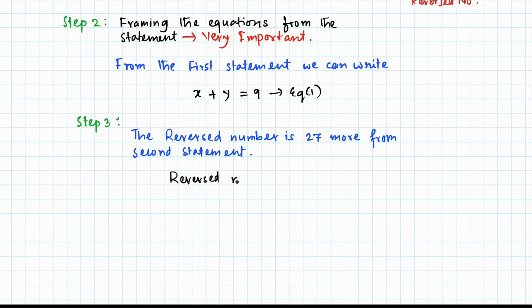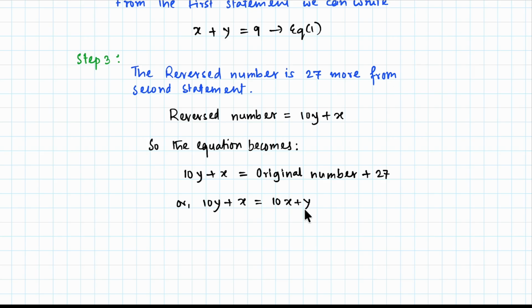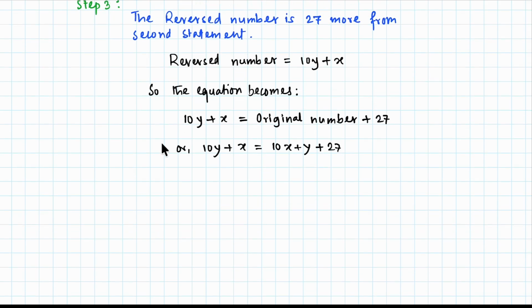So that means the reverse number is equal to the original number plus 27. This is the reverse number, 10y plus x. So the equation becomes 10y plus x is the reverse number, original number plus 27. So this is what is given in the second statement. Therefore 10y plus x is my reverse, 10x plus y is the original, plus 27.